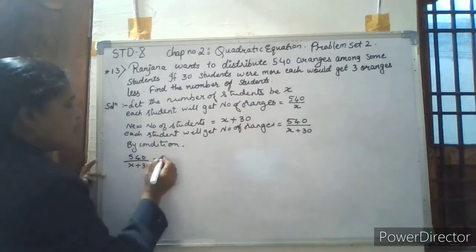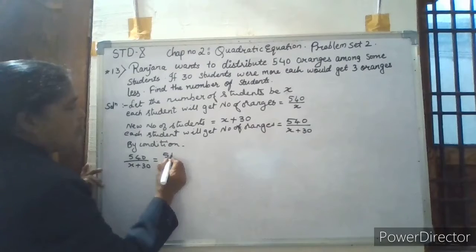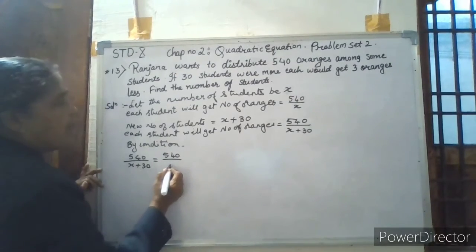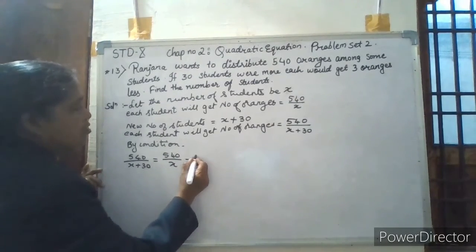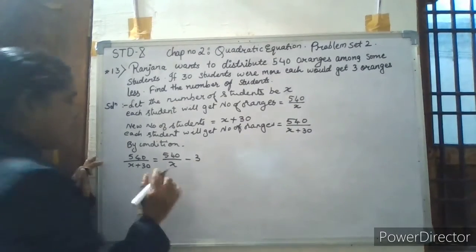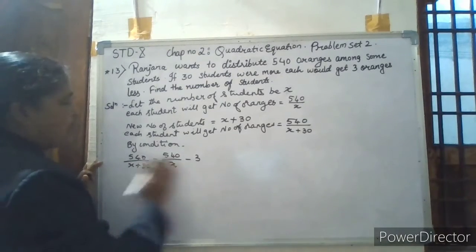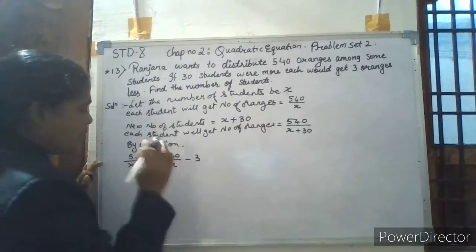So 540 divided by x plus 30 is equal to 540 divided by x minus 3. Now by the condition we have to form the equation.